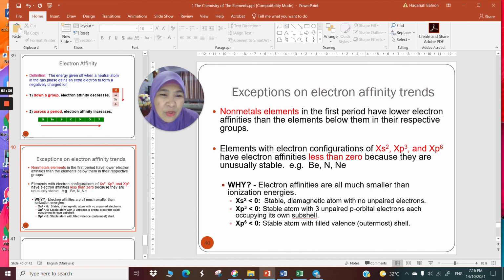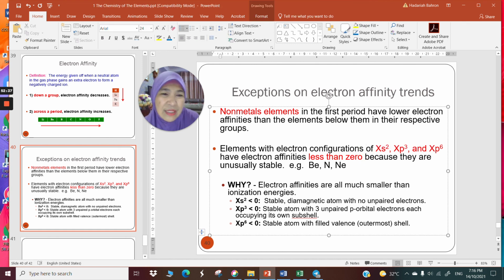Elements with electron configuration of s2, p3, and p6, that means full and half full orbitals, have electron affinities less than 0 because they are unusually stable.